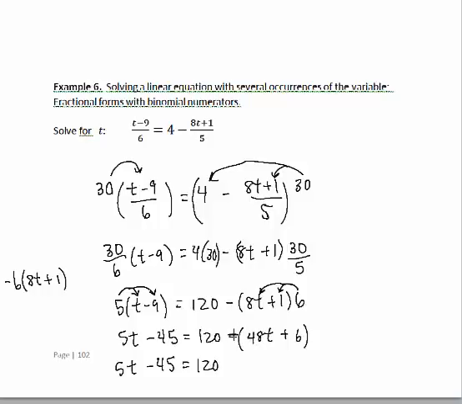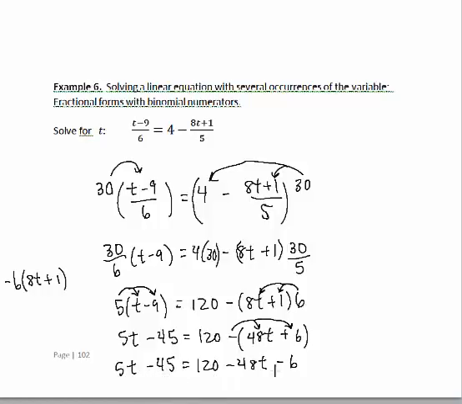And so now I need to distribute the negative. So I have a minus 48 and a minus 6. On the left, there's nothing to do.